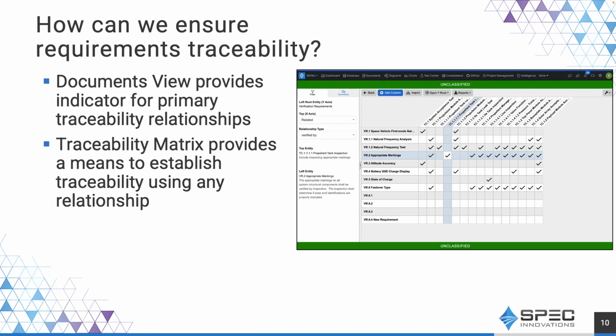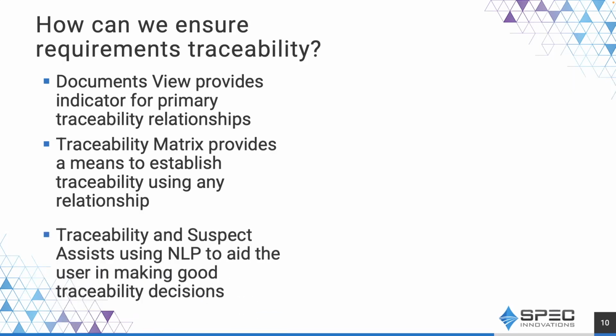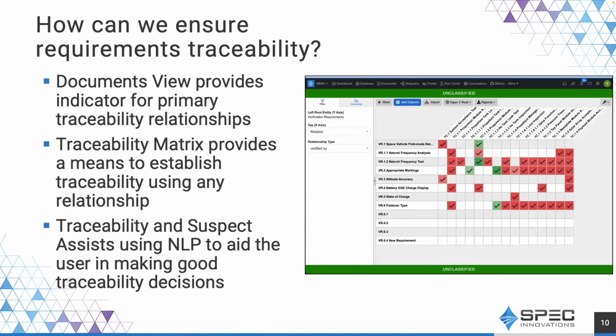And then this is another place where we've added NLP. So we actually have a suspect assist and a traceability assist looking at the information and trying to see if they fit together. And again, it's NLP, so it's looking at verb forms or word forms. And so it can overlap things and see how much commonality there is between them.